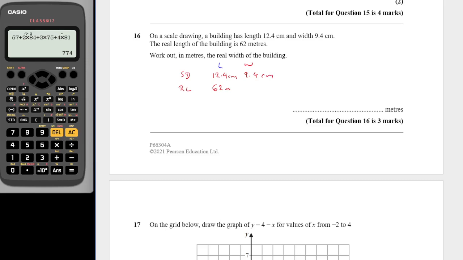What I'm going to do is I don't need to convert. So to get from 12.4 to 62, even though there's a change in units, I can just do 62 divided by 12.4. So I've timesed that by 5. So if I times this one by 5 and then convert it into meters, that would be absolutely fine. So 5 times 9.4 would give me 47, so it would be 47 meters.